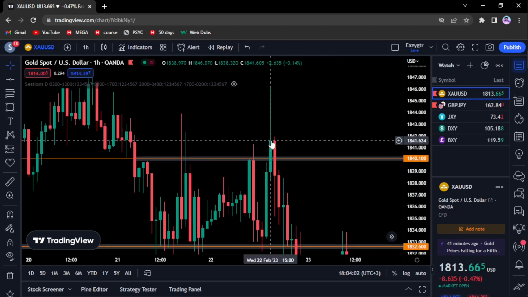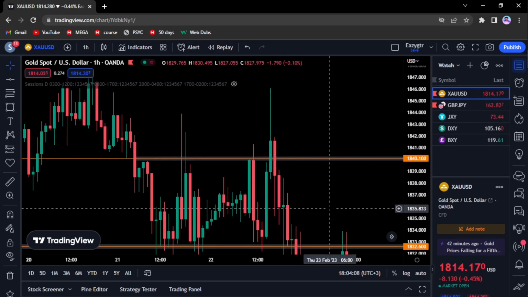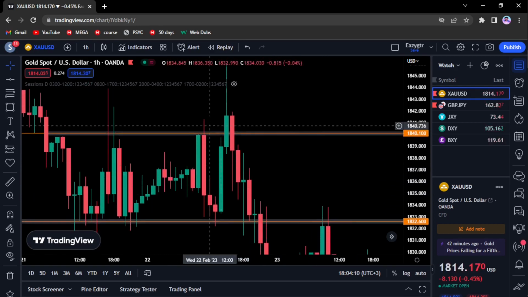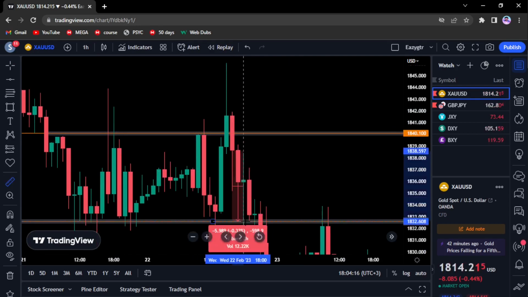Price closed above, yes, but when price came down, it didn't bounce from this zone and broke back into our range. So this is the range, so this is what we call a fake out, and you would have caught this move to the lower area of the range at 60 pips.